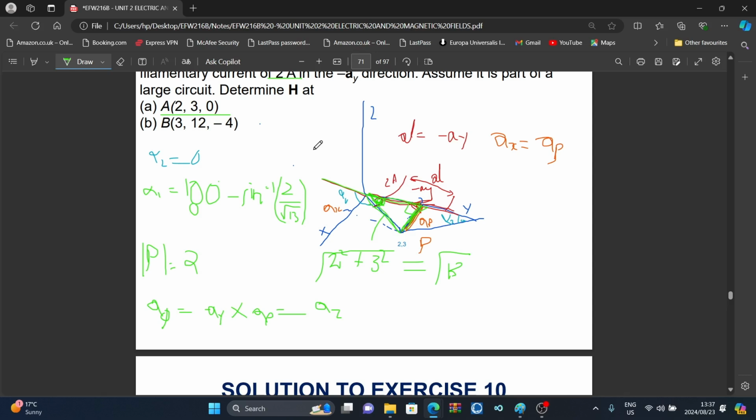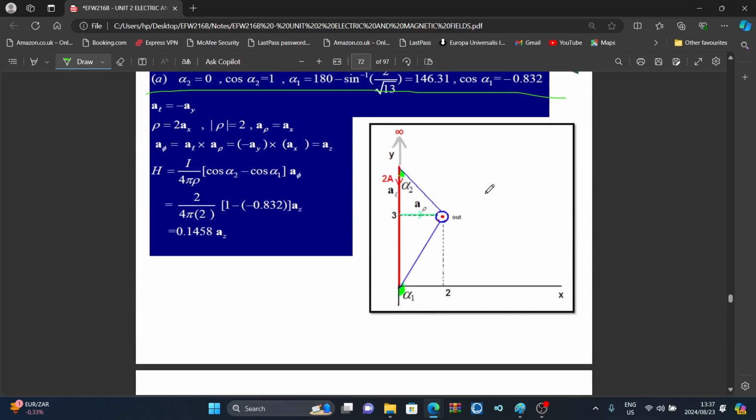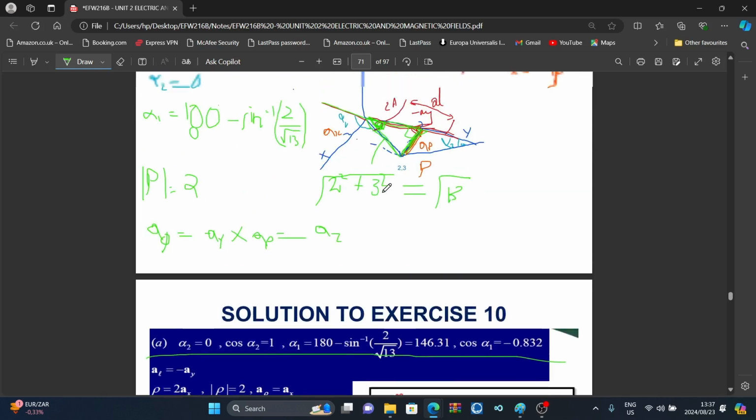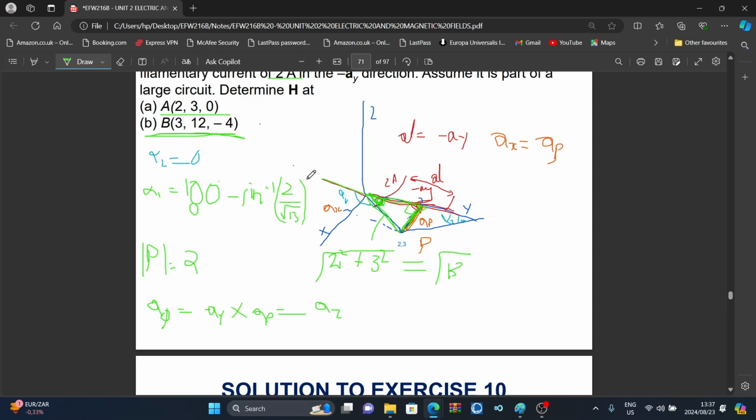That makes it easier for you to understand the work, or to interpret other three-dimensional work, because the next example is three-dimensional: 3, 12, minus 4. So here we won't use this one. Rather try to use it in three dimensions, or if it doesn't make sense, then just use two dimensions. I hope that should help.